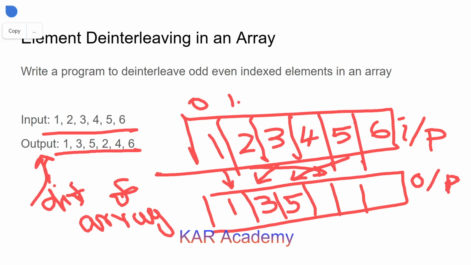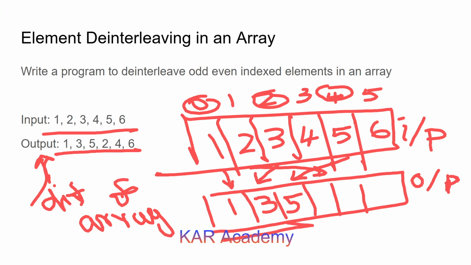So this is index 0, index 1, index 2, index 3, index 4 and index 5. Index 0, 2 and 4 go from here to here, from the start to the center of the array.